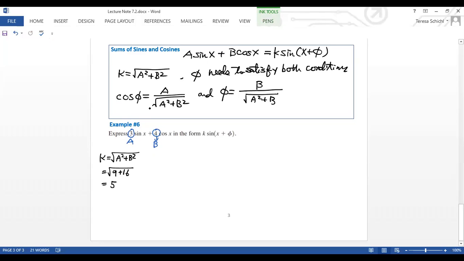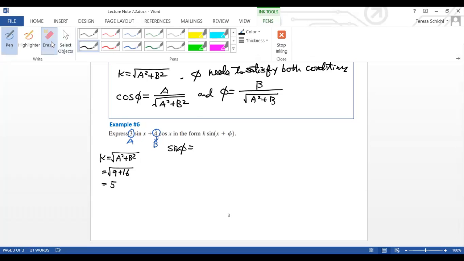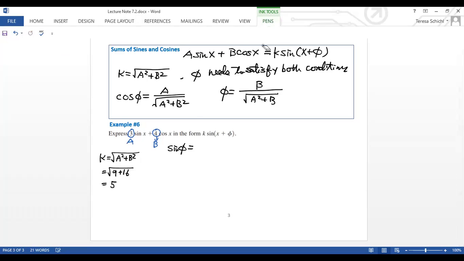Now they need to satisfy this, so I need to be careful. Sine phi is going to be equal to b over the square root of a squared plus b squared. b is 4, and the square root here is 5.